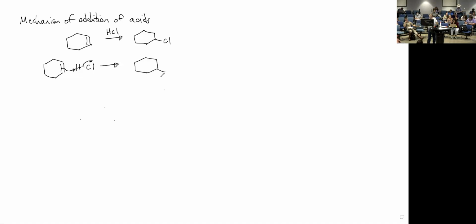And although you don't have to show the H, I'm going to do it here just for clarity. That's the H that we just added. There's also another hydrogen still attached to that carbon. That's still there too. But we're not quite done, because you can see that we swung these electrons away from one of the carbons. This arrow here means that we're using these electrons to form a bond from carbon to hydrogen. So the electrons that were in the pi bond now are in this sigma bond.